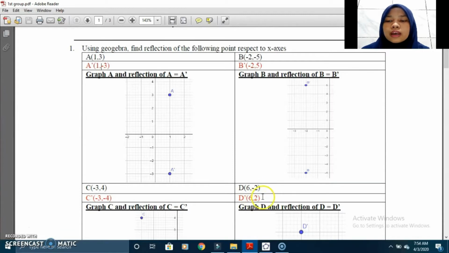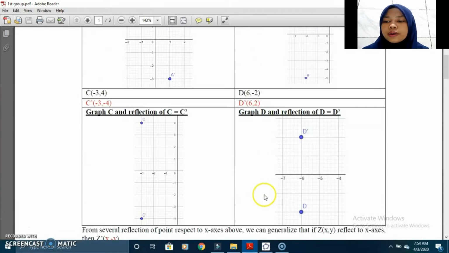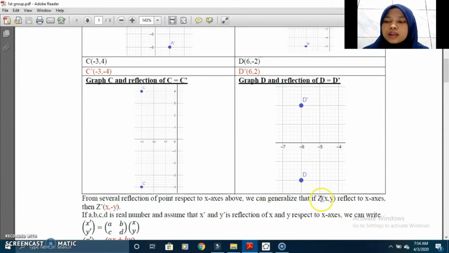So if we have a given point, for example Z with coordinates (x,y), then we reflect it to the x-axis, the image will have coordinates (x,-y).